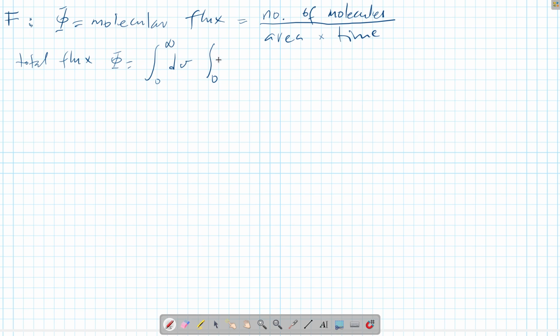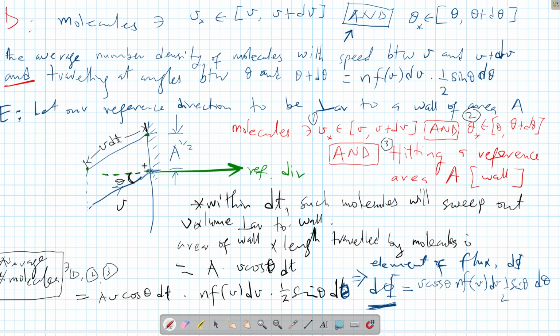And so theta is going to be from 0 to pi over 2. We choose pi over 2 because we want the molecules that are actually hitting the wall, right? If you go beyond 90 degrees, those molecules with theta greater than 90 degrees will be traveling in the opposite direction to the reference direction we have chosen, right?